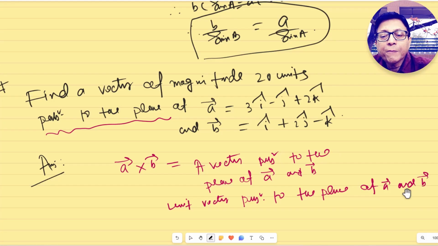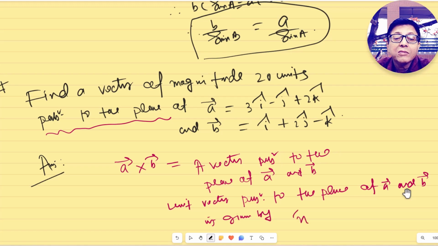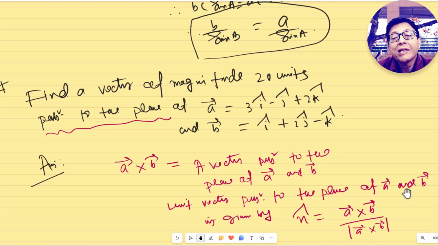This we have seen. This we know. So, we can easily find the unit vector perpendicular to the plane of A and B, and then multiply the result by 20.